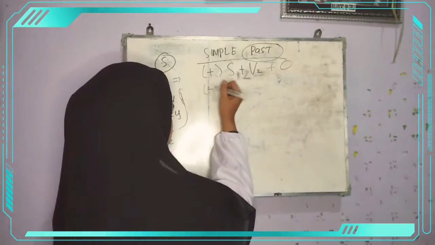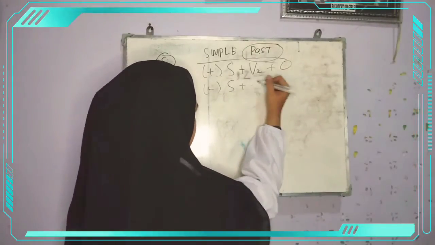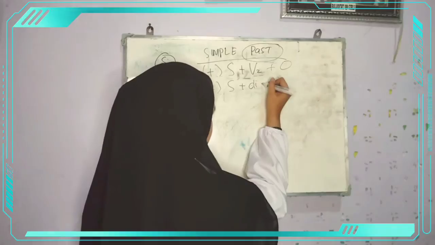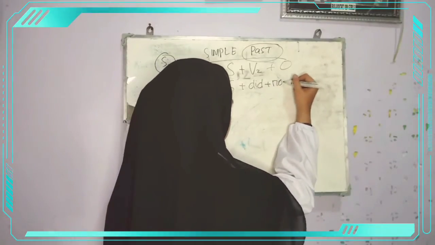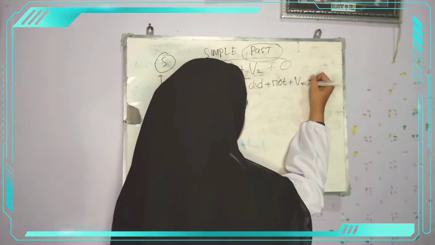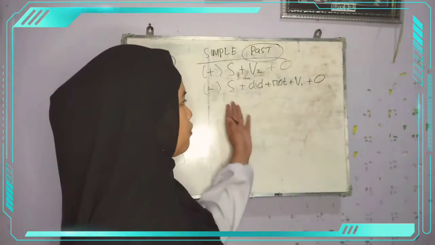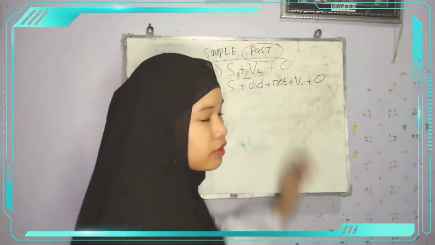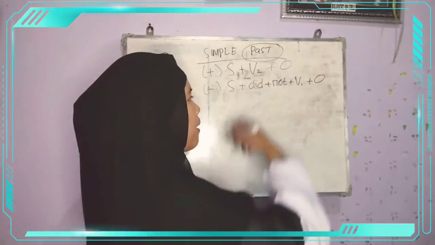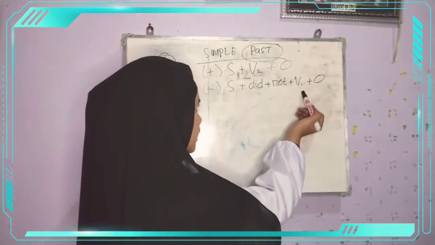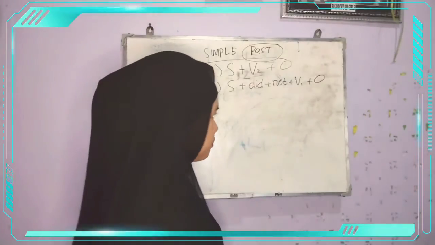And then for negative, it is subject, did, plus not. We go back to verb 1, then object. Going back to verb 1 is just a pattern. After did not, we use verb 1.